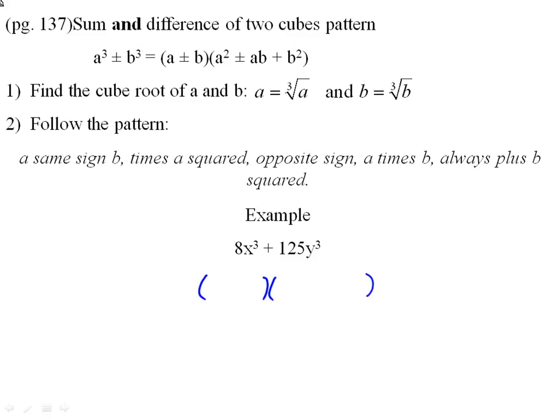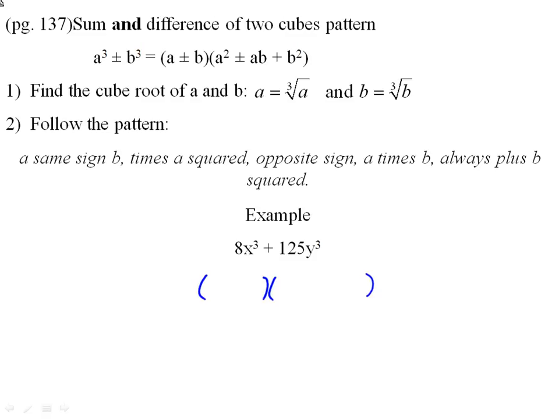Look right here. If you're a right-brained person, do this. If you're a left-brained person, do this. It's completely and totally up to you. So, what are A and B? A and B are the cube roots that we just took. Okay?